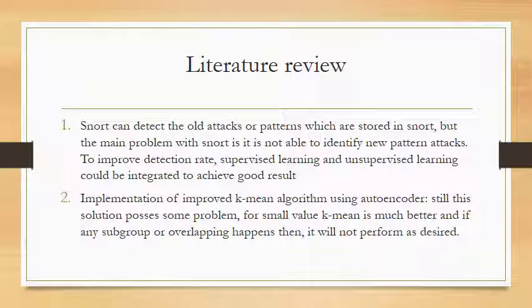One author has proposed using an autoencoder. An autoencoder basically consists of an encoder and a decoder, in which the data is encoded and decoded, and the result is compared with the original data.